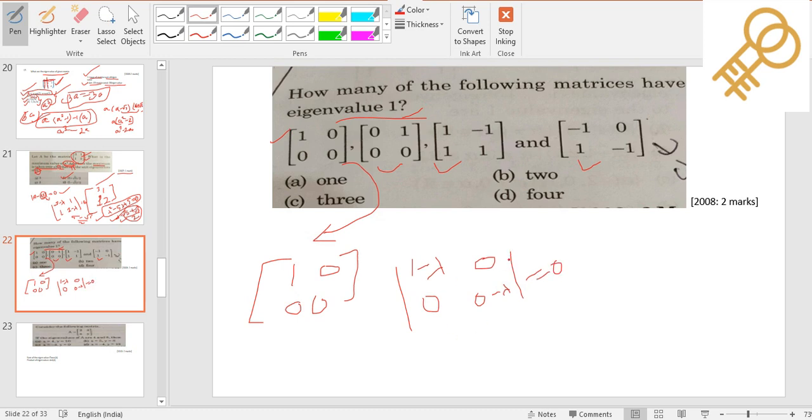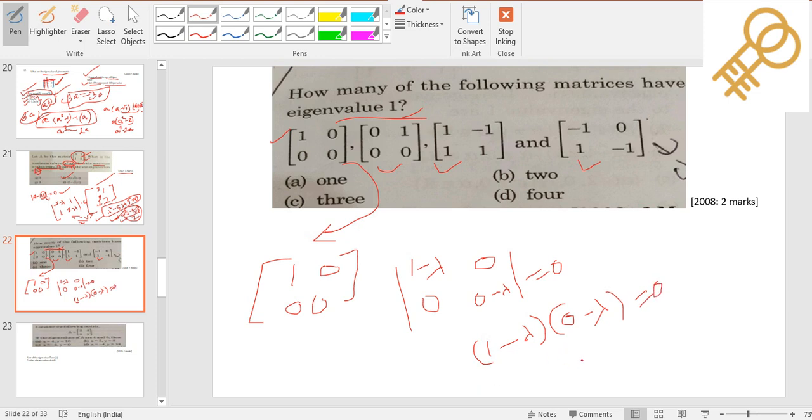When you find the determinant of this matrix, you will have 1 minus lambda times 0 minus lambda is equal to 0, right?